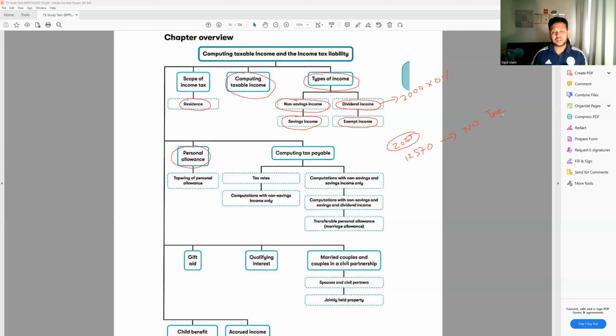So if someone earns £20,000 a year, we will minus the 12,570 and the tax will be calculated on the rest of the balance. So 20,000 minus 12,570, on the remaining balance we calculate the tax. But up to 12,570, no tax.